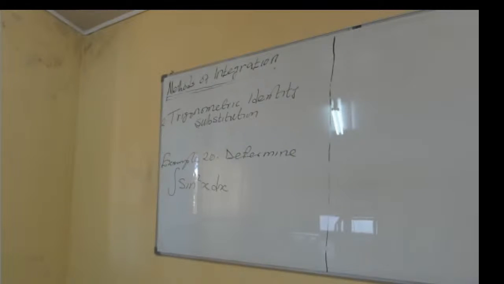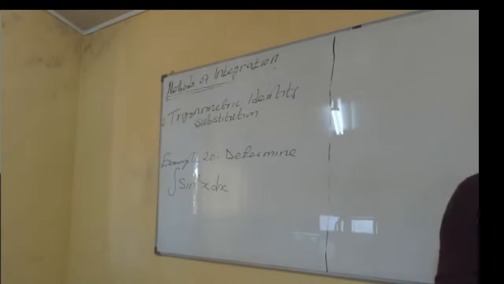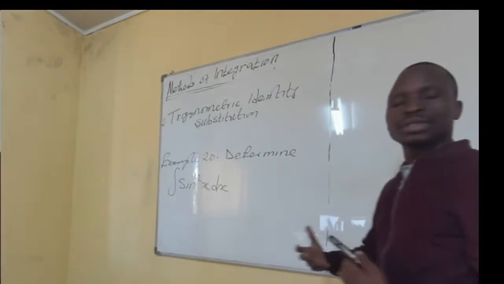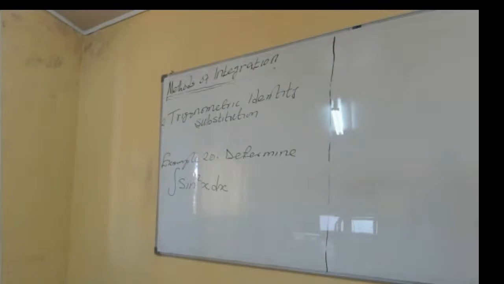It will take time for you to find what this u really is until you bring in the concept of identities. You did the Pythagorean identities. You also did other different types of identities. There are a lot of examples which I've put in your notes.